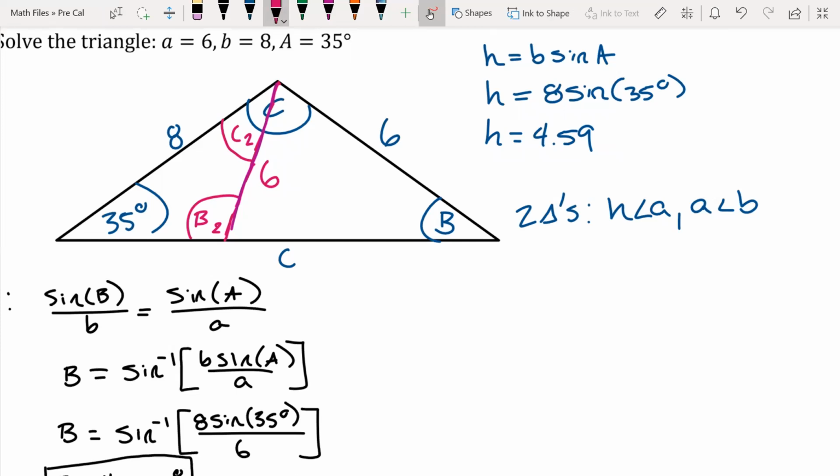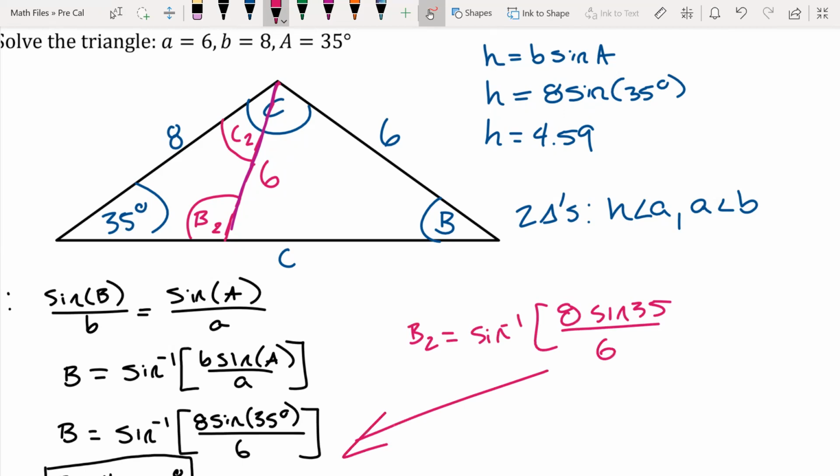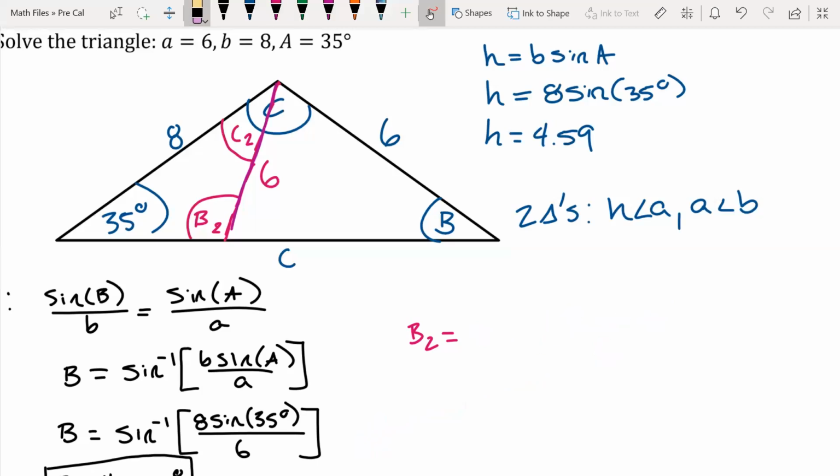I got the exact same thing as the angle for the first triangle for B. If you did B2, you'd get the inverse sine of 8 sine 35 over 6, which is the same thing we did there.